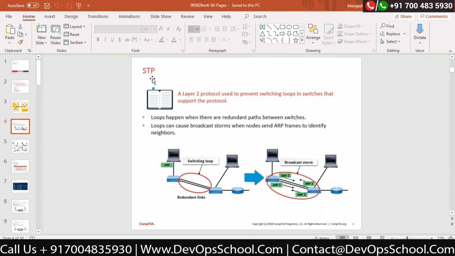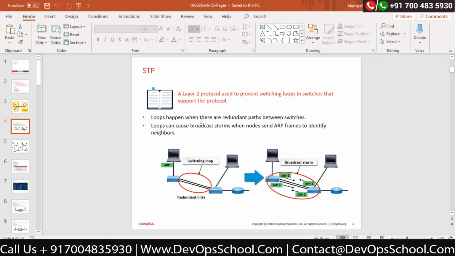That will help you to stop this particular looping. Correct? From Monday, we will be seeing STP in depth. Currently, you just need to understand, if I want to connect redundant connections between the switches, there is a chance that we are supposed to get a problem of loops in case of some broadcast traffic.